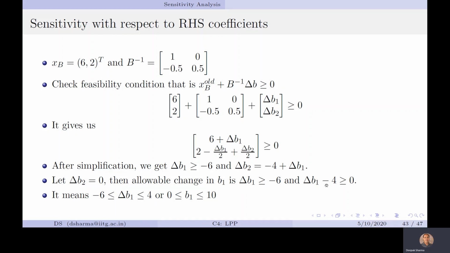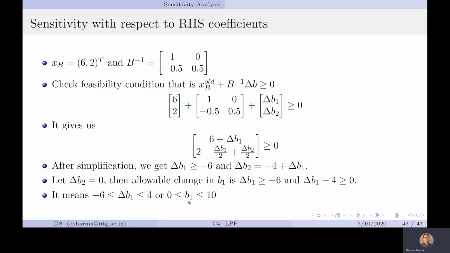It says that delta b1 is lying between minus 6 and 4. So I suggest you do the same calculation by hand, and you will get that by considering delta b2 equals 0, delta b1 will lie between minus 6 and 4. This says that if the change lies in this range, then our set of basic variables will remain feasible.